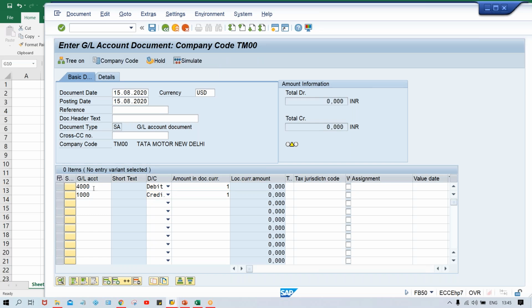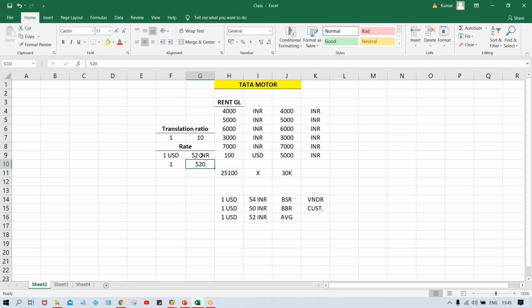Look at here, 620. 620 means 62 rupees I have specified, guys. If you remember, instead of 52, I specified 62 in the exchange rate table in the previous session. So here 620 rupees is going to be calculated.